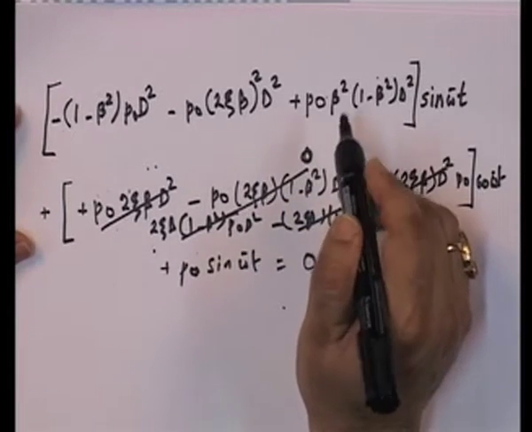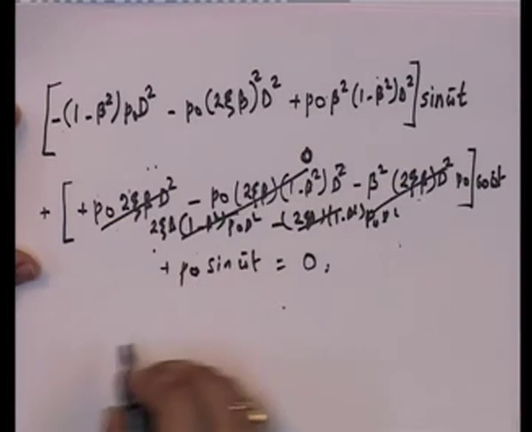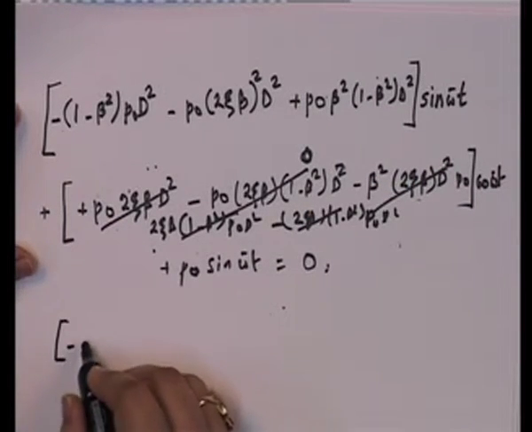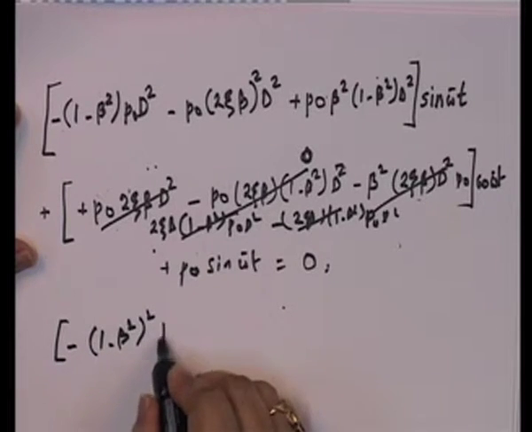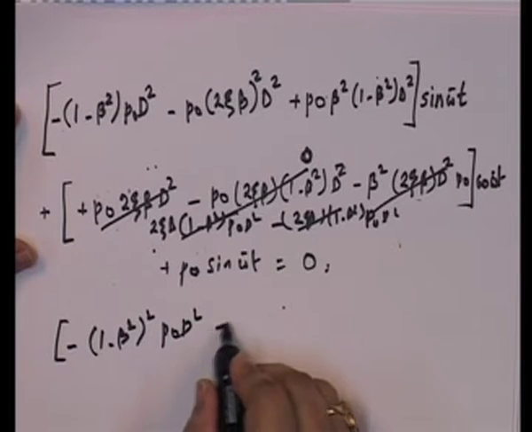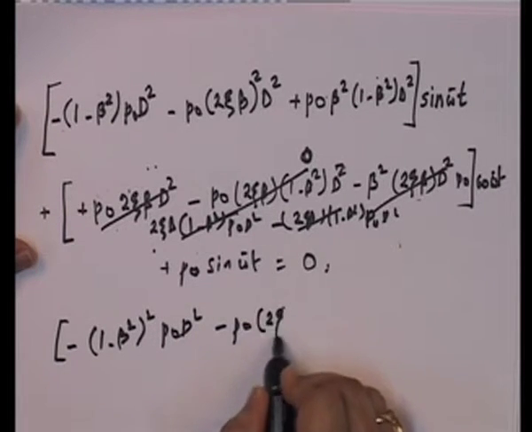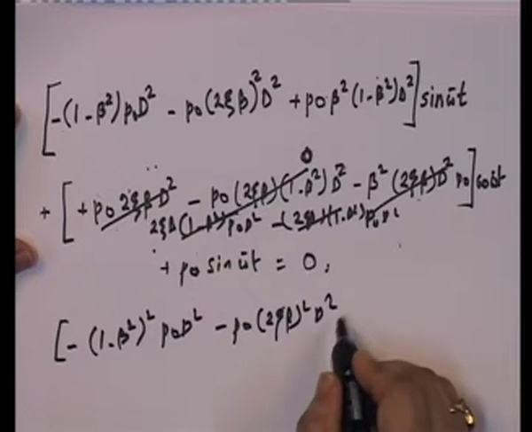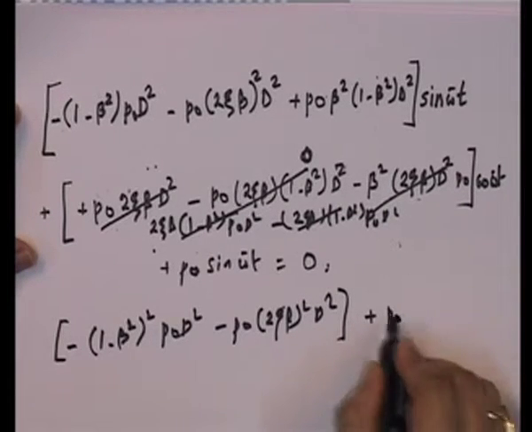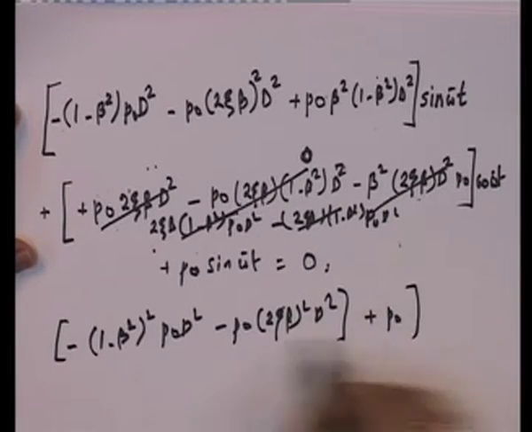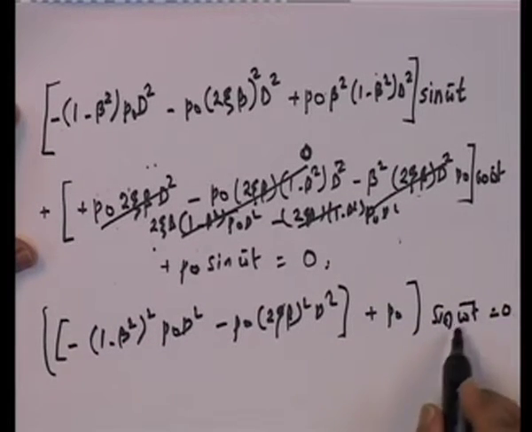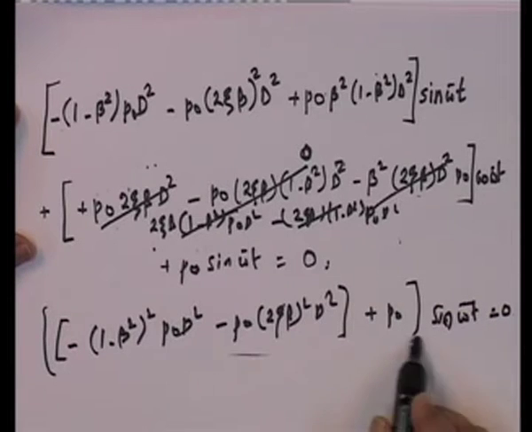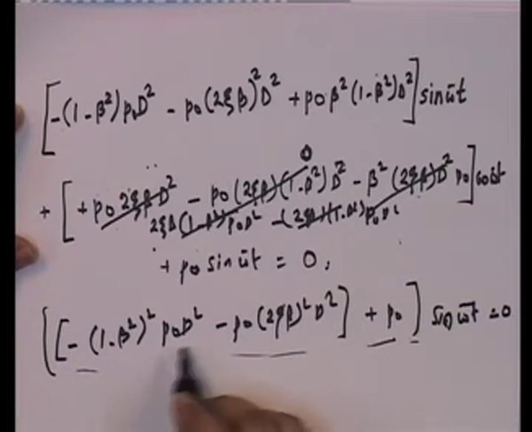So essentially this top term becomes minus 1 minus beta squared the whole squared P naught d squared, minus P naught into 2 xi beta squared d squared. I put the two of them together, plus P naught sin omega bar t equal to 0. Now these terms together have to be equal to 0. Let us look at it.